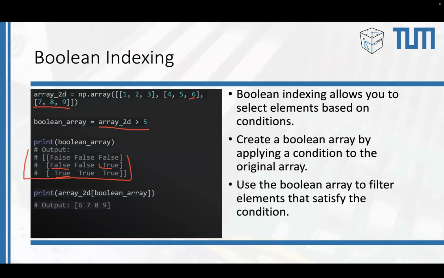The fancy thing in this is that you can use this Boolean array to extract data from the original array, right? So you can use a matrix, not just the indexes, slices, but a matrix to select data from any other matrix. If the matrix has the same dimension, then it will just select the elements that are true and not false, all right?